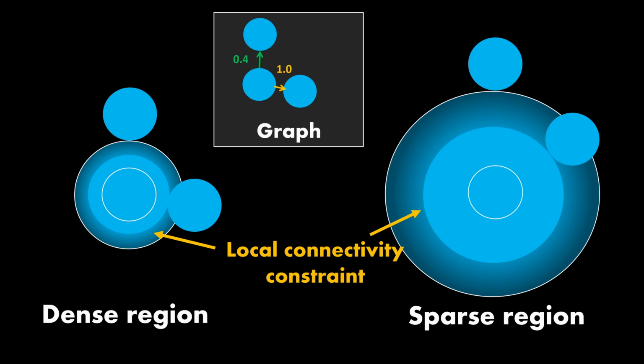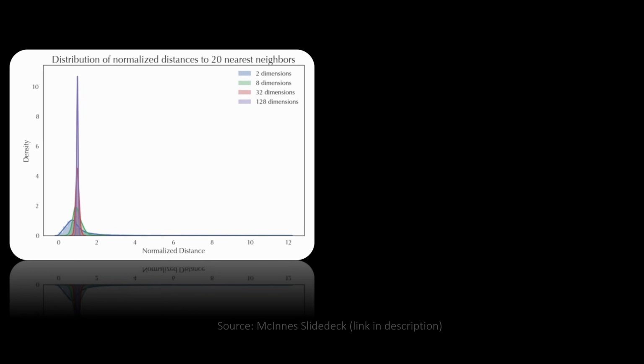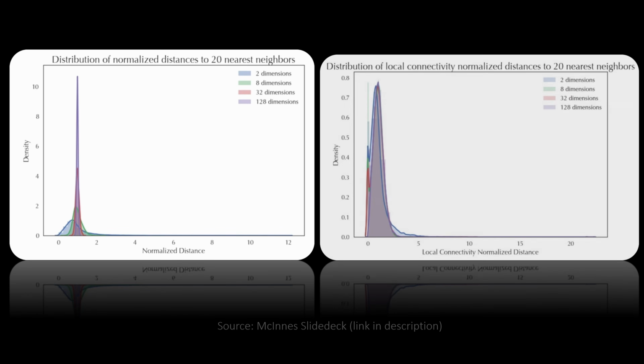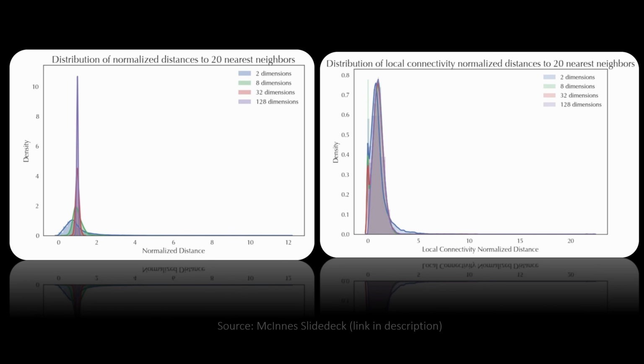Except for having no isolated points, this also has further beneficial implications. As distances in the high dimensional space tend to be larger to the first neighbor, the distance distributions are typically cramped together. We've also seen this in the previous videos of the series. As you can see, when introducing the local connectivity constraint, the distributions become a bit wider because it stretches out to the first neighbor.